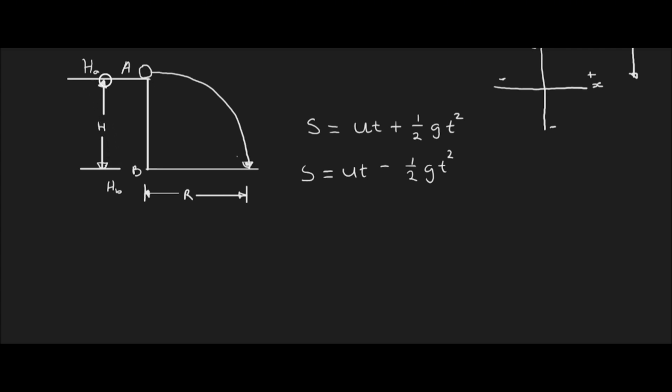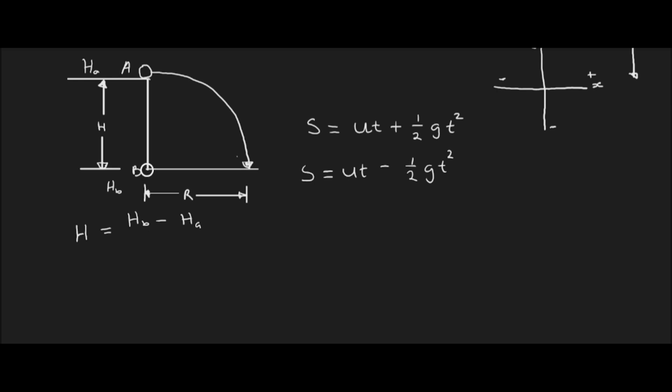Now this height, since the object moves from this point to this point, so this h will be the difference between this and this. That means our height h equal to hb minus ha, but our hb at this point is 0.